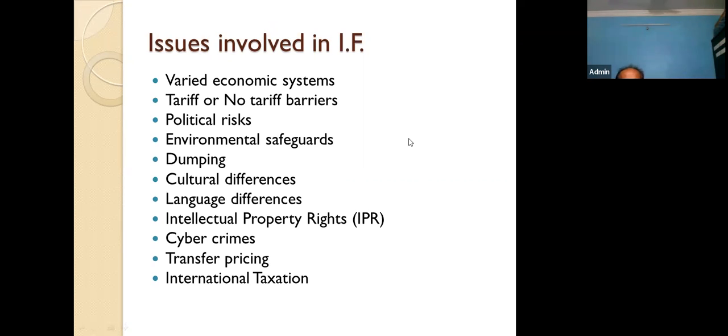See, even when the budget was presented on the 1st of February, the government has given concessions to electric vehicles, EVs. Maybe after 4 or 5 months, maybe within a year's time, you will see a lot of electric vehicles on the road.